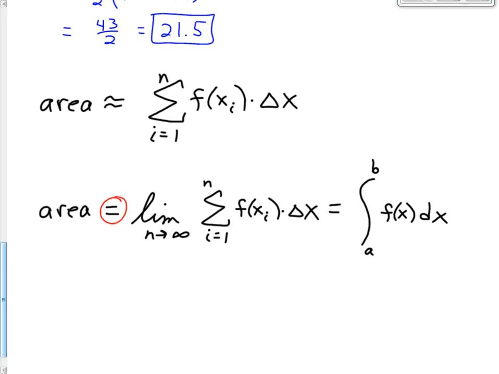Notice equals, and that's how we defined our integral as an area function. The integral from a to b of f of x dx gives us the exact area under a curve.